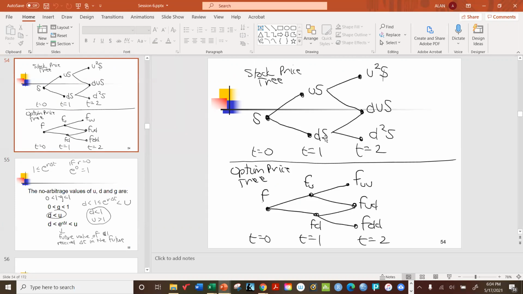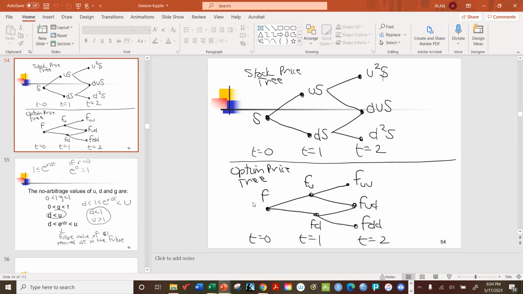The same thing is true if I go down to DS and then back up again, I'll reach DUS. If I go down twice, I'll end up at D squared S. So U and D are multipliers, which we apply to the current stock price to populate the stock price tree.